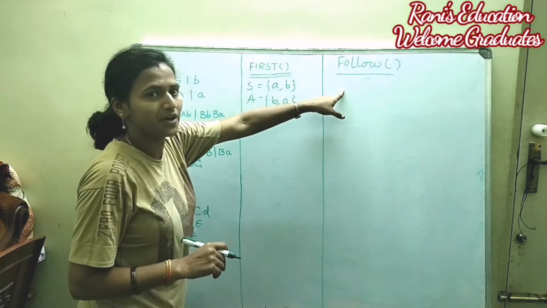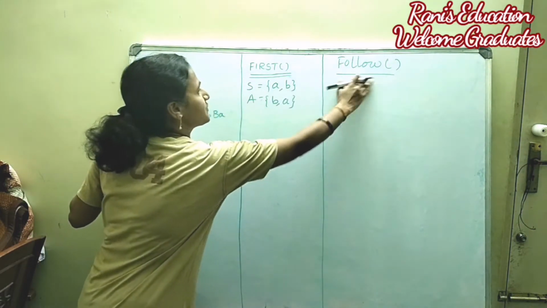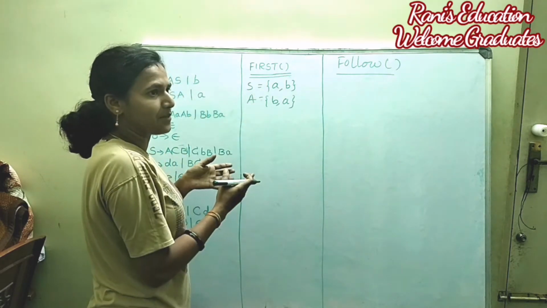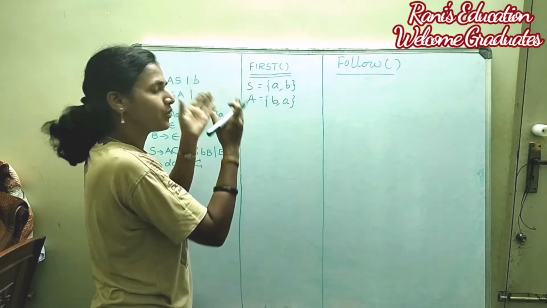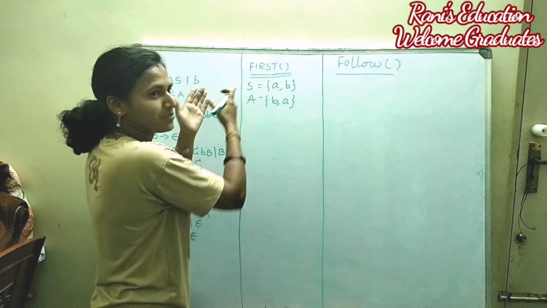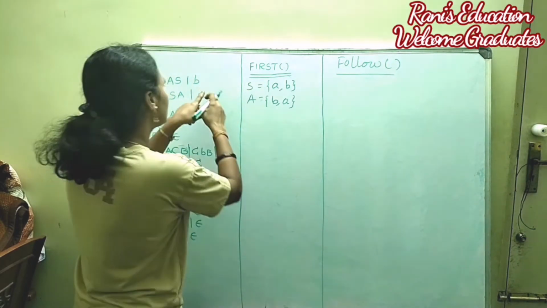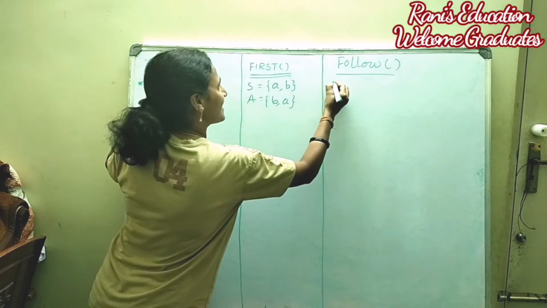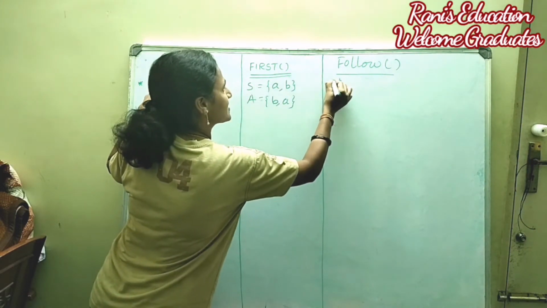Now move on to the follow function. As we all know, while computing follow of any grammar symbol, first we need to check whether that grammar symbol is the start symbol of the grammar or not. In this case, S is the start symbol of the grammar. So follow of S is dollar, first step.